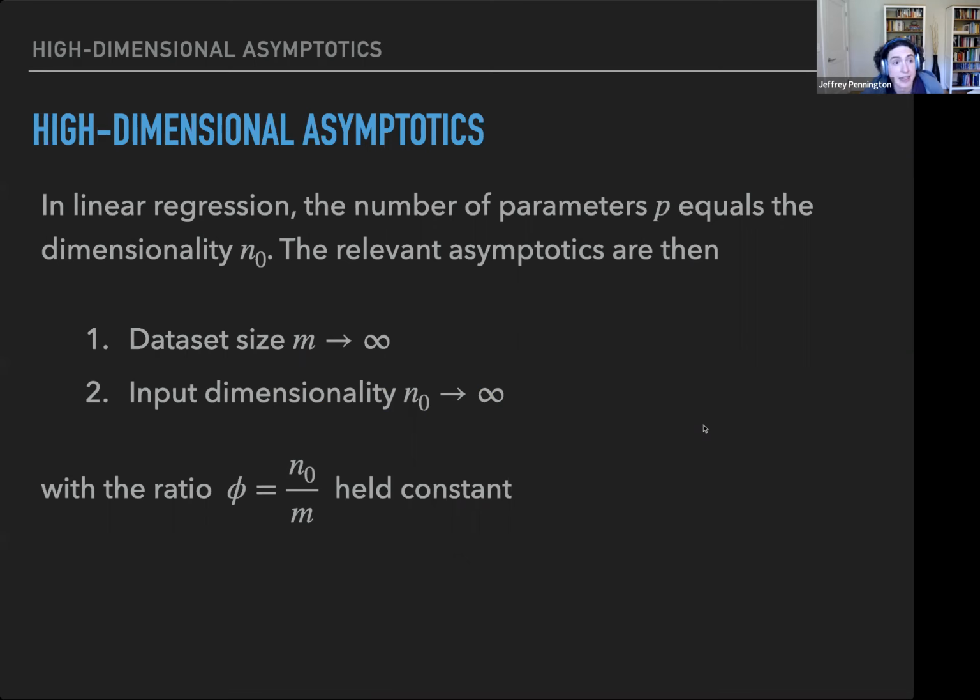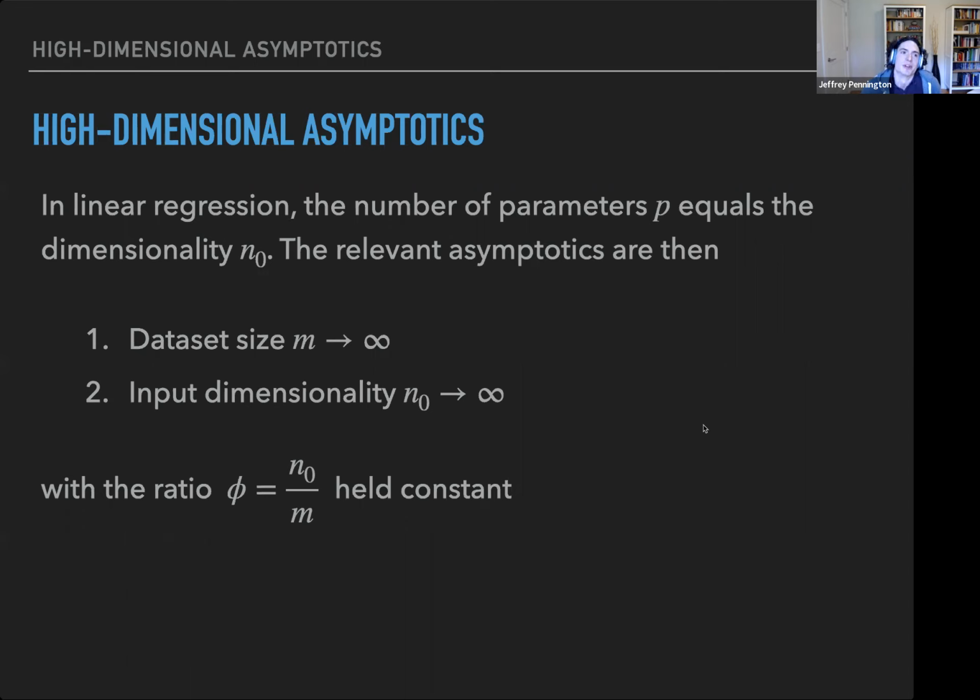And in fact, if the specific model you're interested in were linear regression, then the previous argument suggests that you're basically talking about the standard high dimensional regime. That's because the number of parameters in a linear regression model is just set to be equal to the dimensionality of each sample. It's just a structural constraint.